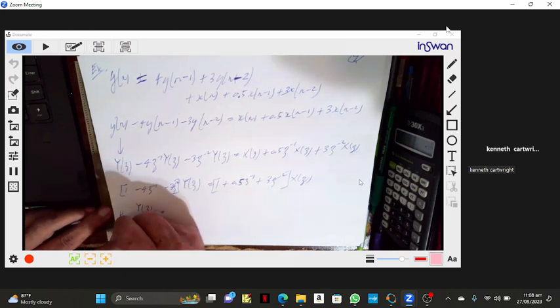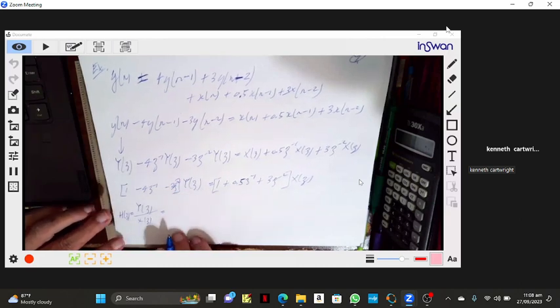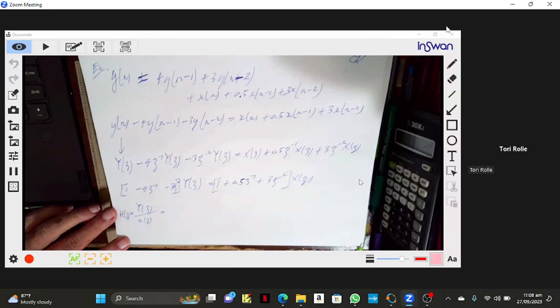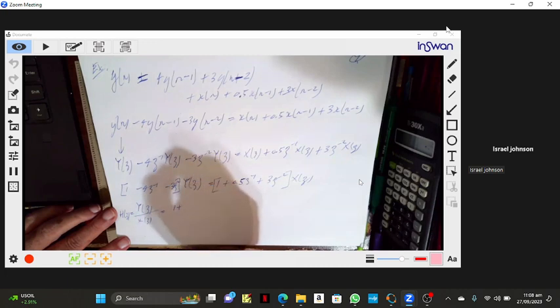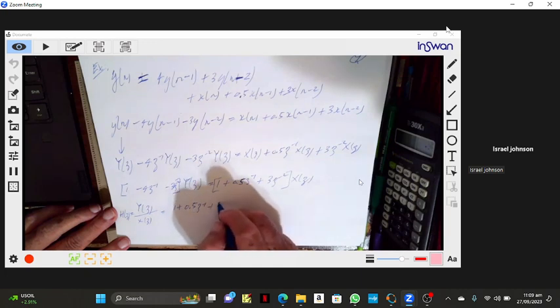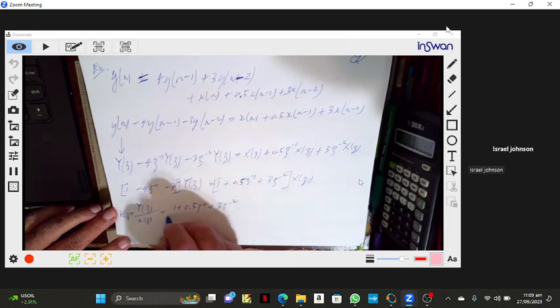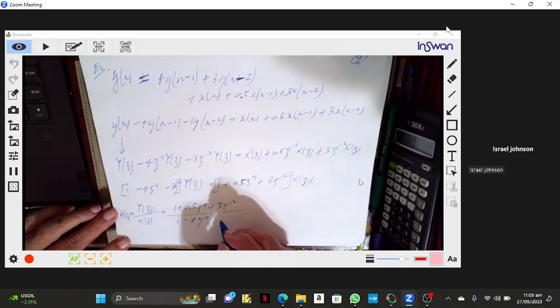And then this is the transfer function. So the goal is to get the transfer function. Yes. It equals just 1 plus 0.5 z to negative 1 plus 3z to negative 2, over 1 minus 4z to the power negative 1 minus 3z to the power negative 2.